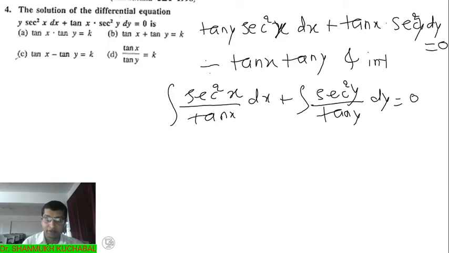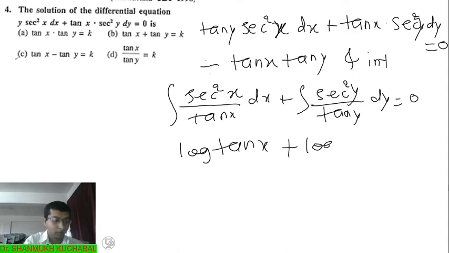So the integration of sec square x divided by tan x is log of tan x. Similarly, the second function's integration is log of tan y, and since both functions are in terms of logarithm, the constant is log c.